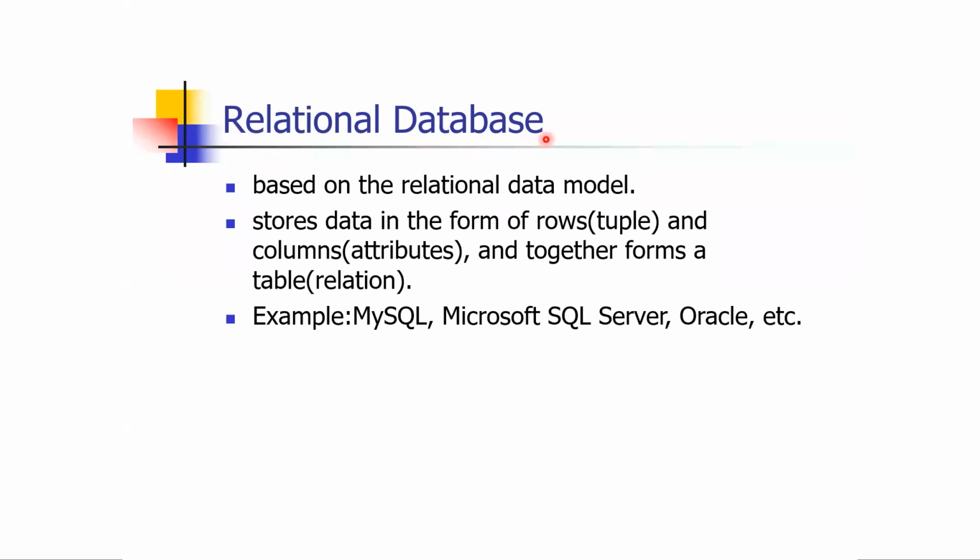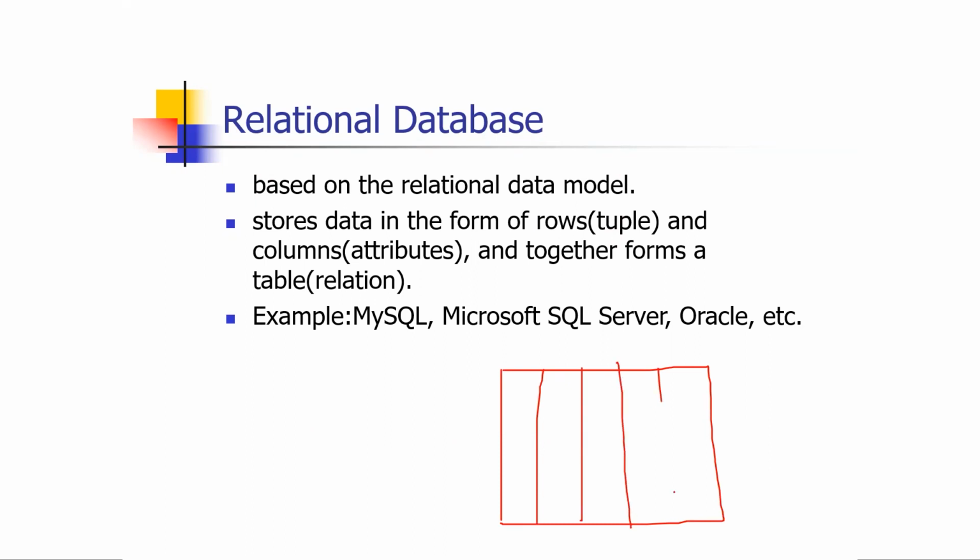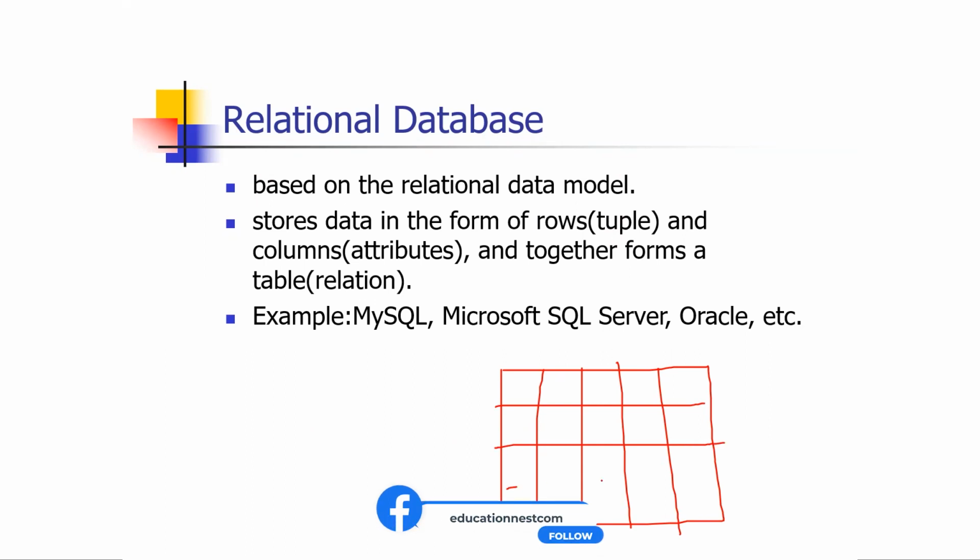A relational database is always in the form of tables. You know in Microsoft Excel how a table is laid out. In a table there are some rows and some columns. The table is called a relation because it has a relation between rows and columns.